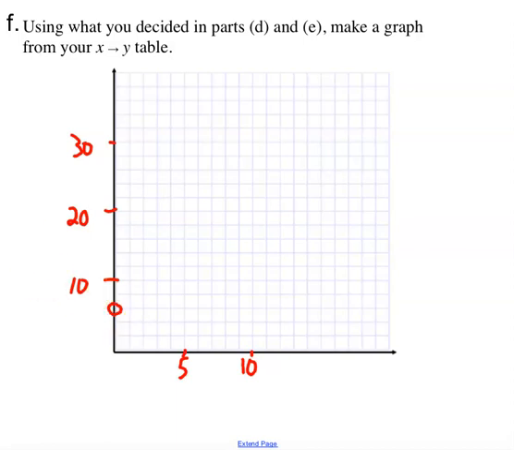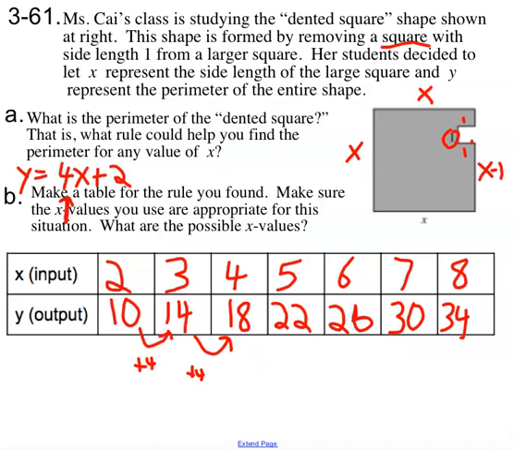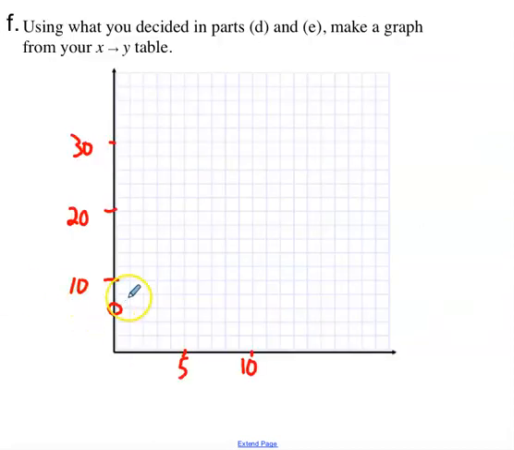Now, if I go back here, I know 2 is going to be 10. Oop, I wrote this in the wrong one, didn't I? Did anybody else catch that mistake? You did? Good job. So when I look at it again, it's going to be 6, but here's my 1. So my 2 is going to be 10.